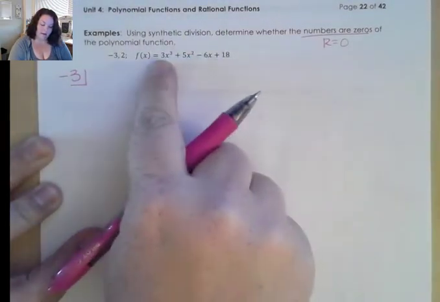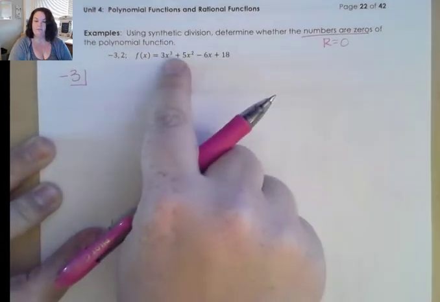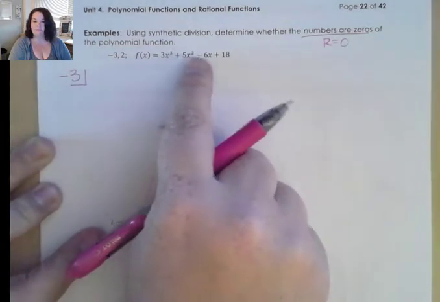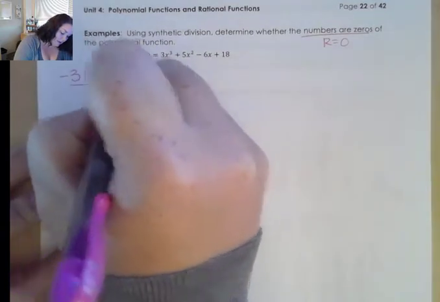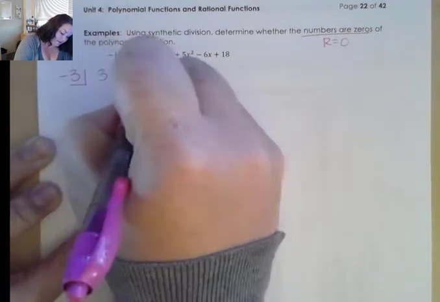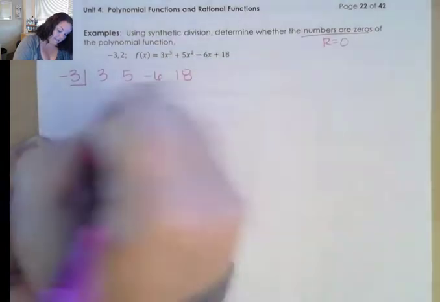So if I put -3 in my box, I write out all my coefficients here, and notice I'm not missing any. I go from x cubed to x squared to x to my constant term. So I can just write out 3, 5, -6, and 18.